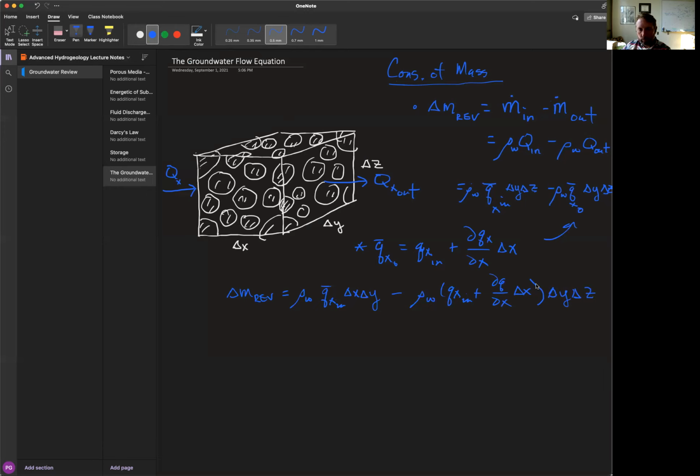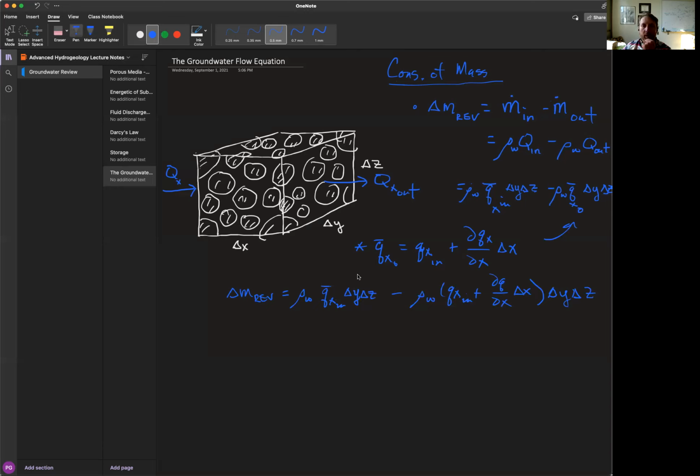All right. Now I can do some algebra, but I've got a mistake here that I'm going to fix. This is delta y, delta z. Got to have the right area.